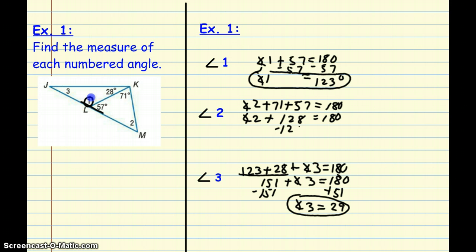And I'm going to subtract my 128. So angle 2 is equal to 52 degrees. Okay, using the sums of triangles.